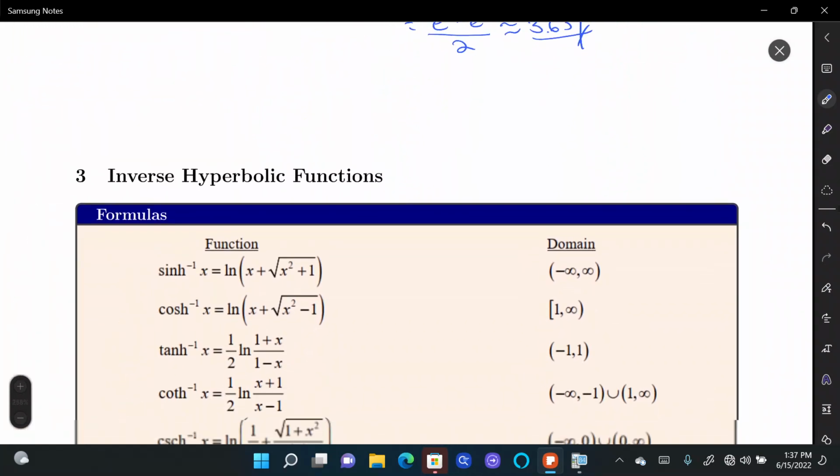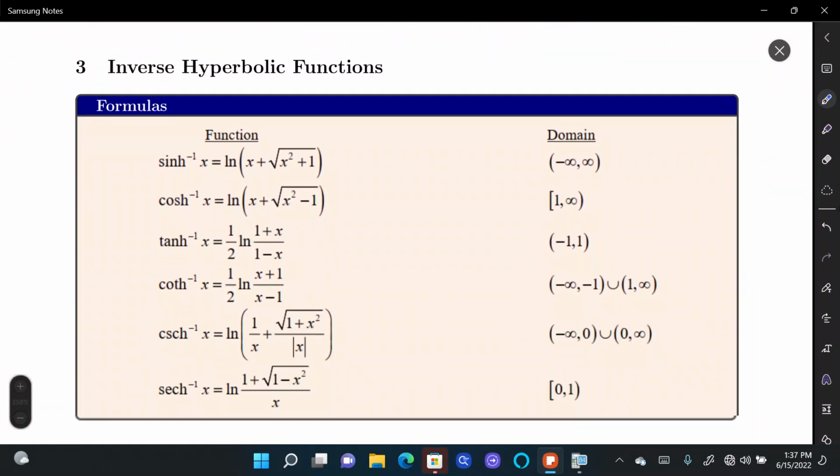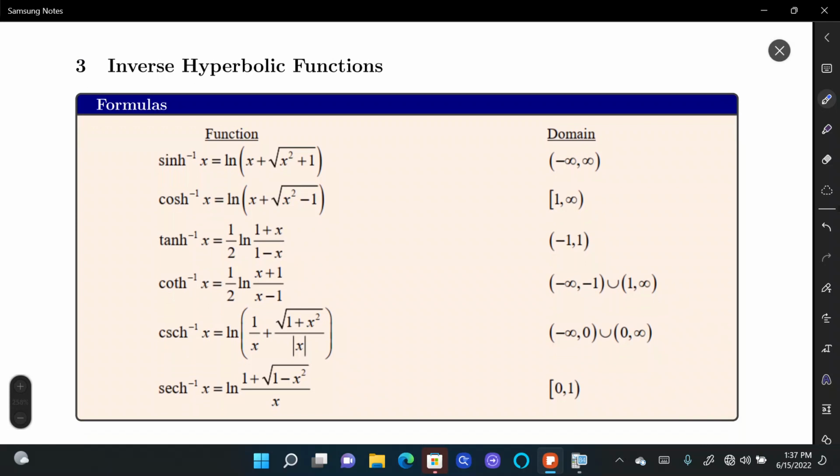Okay, let's look at the inverse hyperbolic functions, and that's something by the way that I want to test you on. That's something that is just worth looking at. In fact, I just brought the formulas here. I have a couple of exercises here to go through.